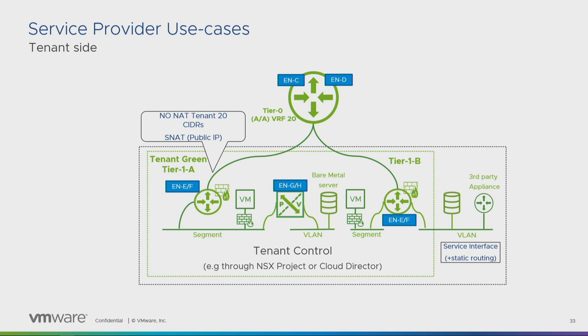So for this VM here at the bottom to connect to the internet, it can use SNAT to go outside, where the address is translated, and connectivity is there. Of course, if the firewall rules allow it. And if this VM on the left would need to connect to the customer's WAN, you can create a NO-NAT rule, and traffic flows to the WAN of this customer. So that can be done either way.